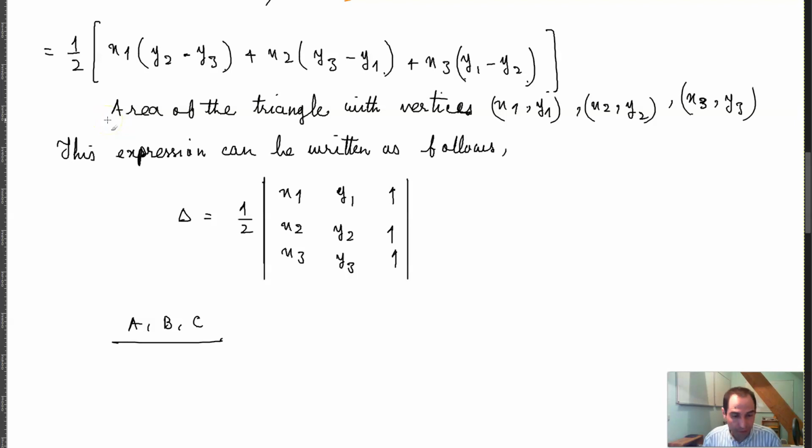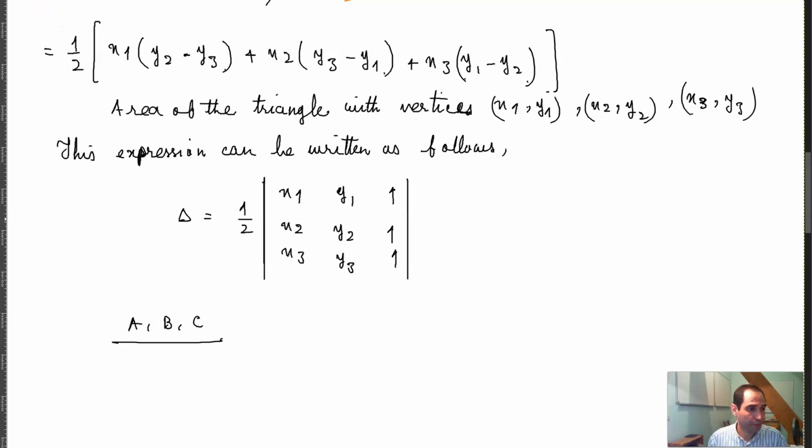Okay, so now there is something interesting, which is of course based on the collinearity of the points that you have, and based on the properties of determinants that we have already talked about in this chapter.